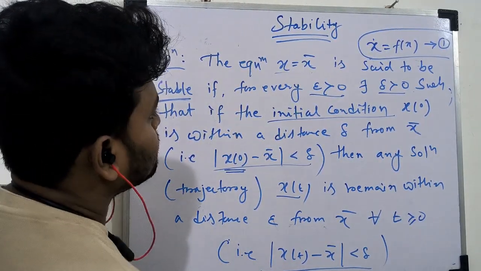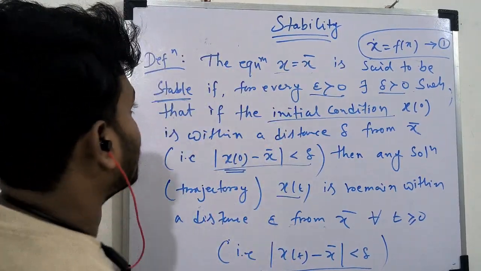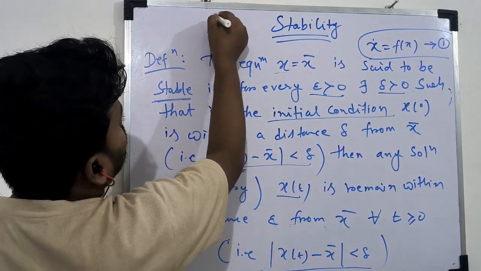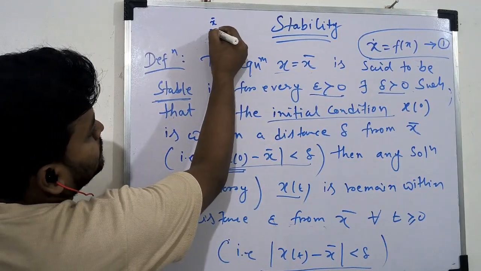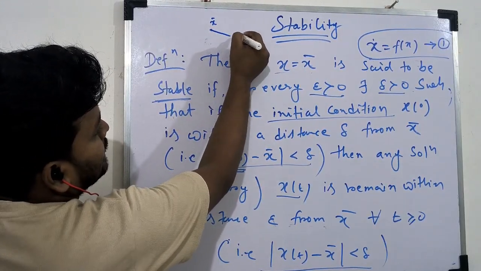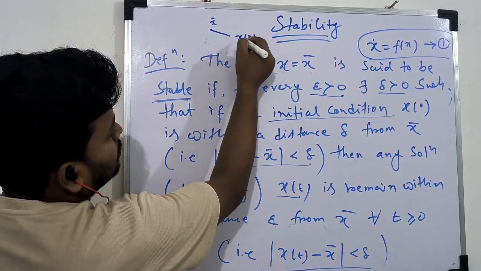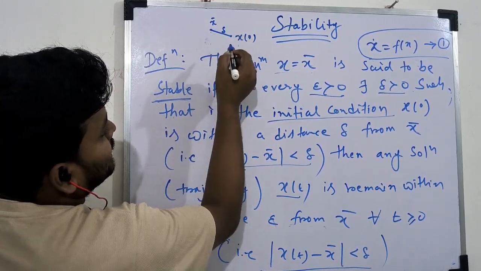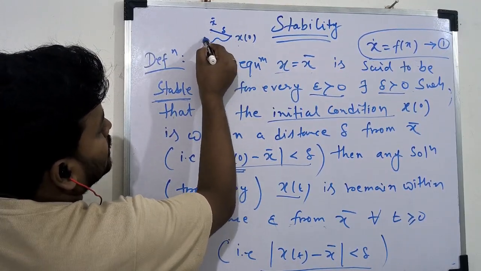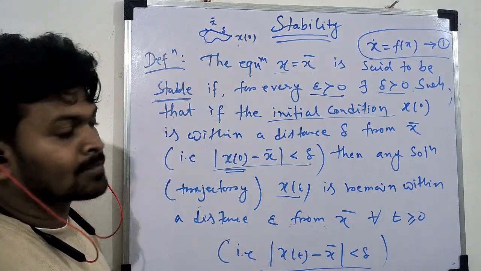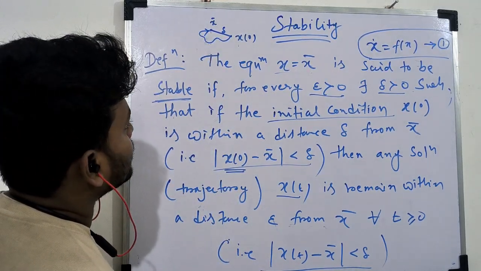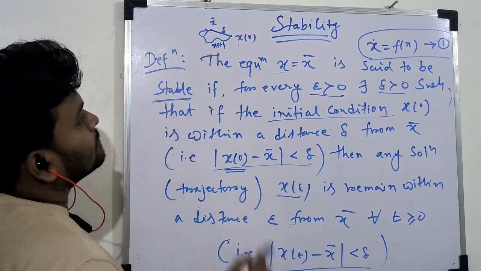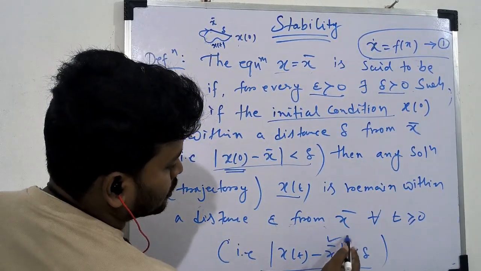I discuss this geometrically, let us take this is the x bar point. If you choose an initial condition from this such that the modulus of these two points is delta, then the solution trajectory x(t) will converge to this equilibrium point.